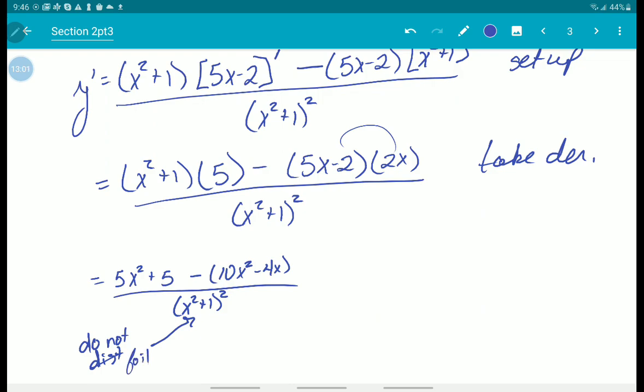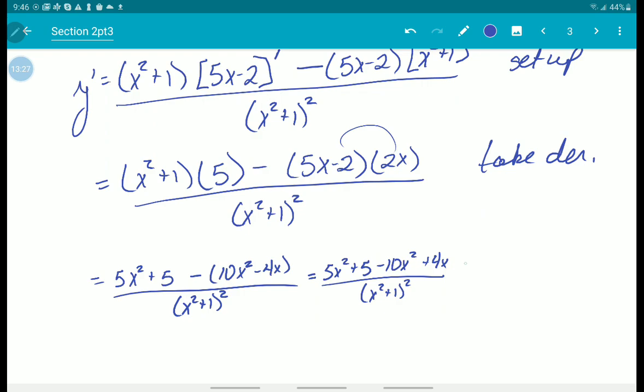The reason we don't want to do that is because we're hoping that something will cancel with the denominator. In some cases it does, in some cases it doesn't. Either way, we want to keep it written as concisely as possible. So let's combine some like terms here. So we have 5x squared plus 5 minus 10x squared plus 4x all over x squared plus 1 quantity squared.